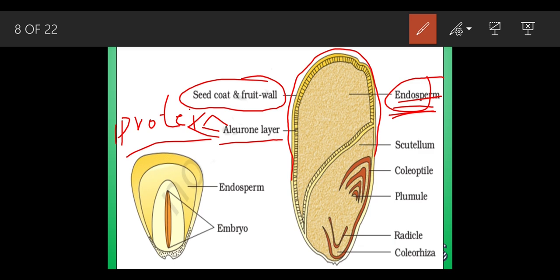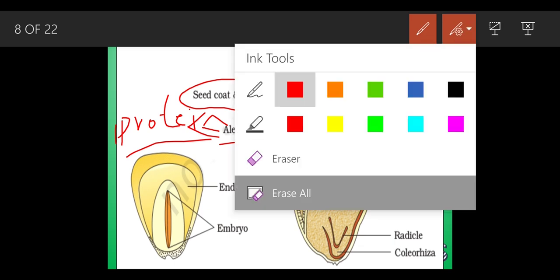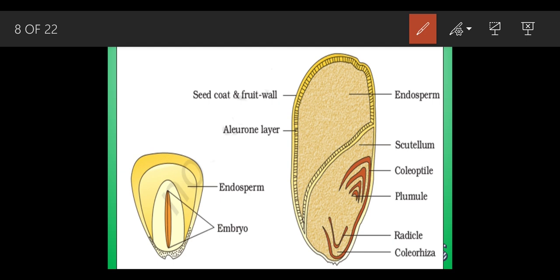Now we are going to move to the next part, which is called the scutellum. See, the scutellum is nothing but the cotyledon. But why is there a difference between the names scutellum and cotyledon? When we study the dicot, at that time we write cotyledon.